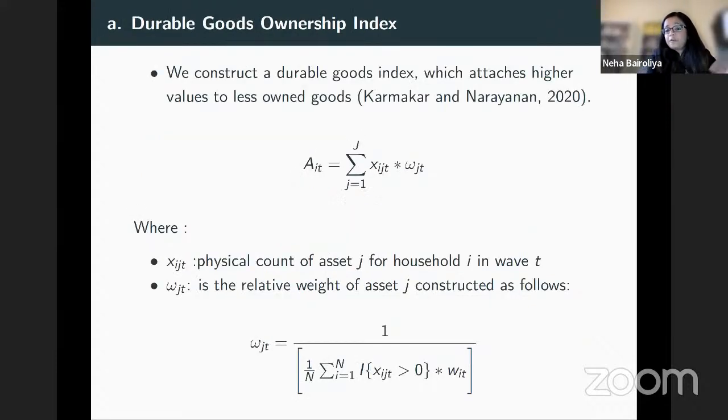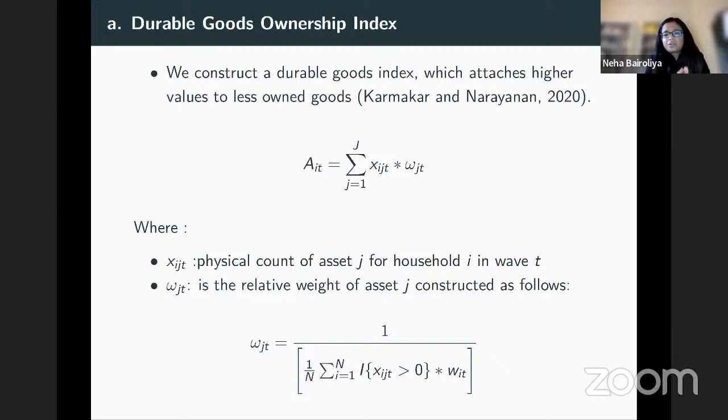Okay, so first we construct this durable goods ownership index. What we do is we look at the running inventory of all the physical assets that households own. We aggregate them up, but just aggregating them would not make sense because different durables have different weights. There are different ways of assigning these weights. We tried principal component analysis, but it yielded similar results to an index that I'm going to show you today, which is also more intuitive.